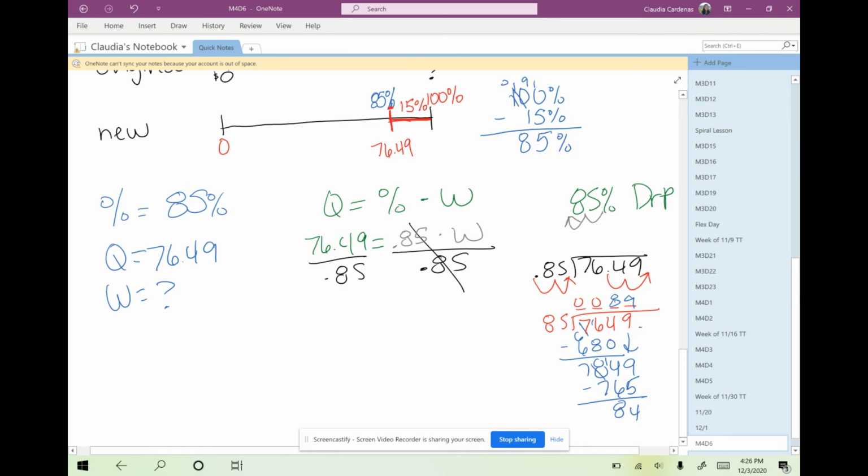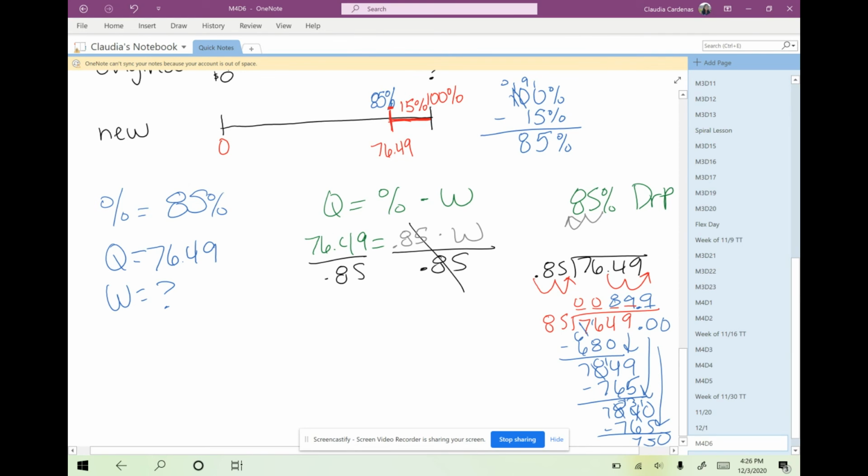Remembering to borrow one more time. Let's add our decimal and a 0. Decimal and a seat. And 85 goes into 840 9 times again, which is 765. Bringing down our 0.